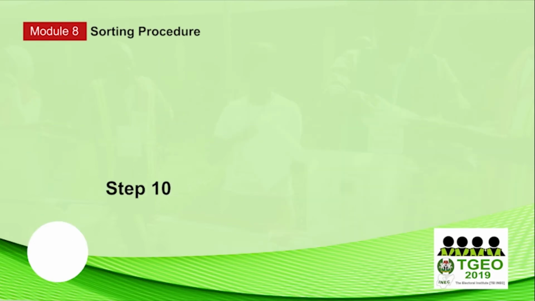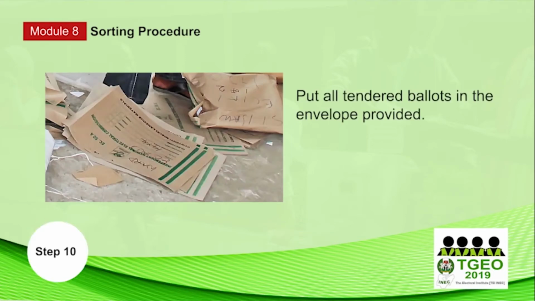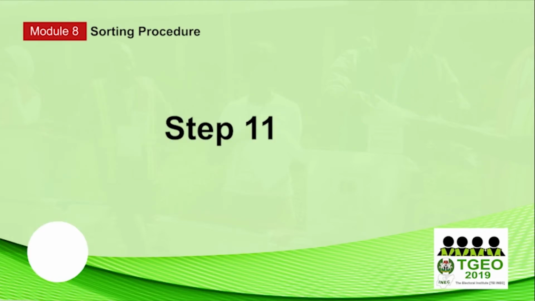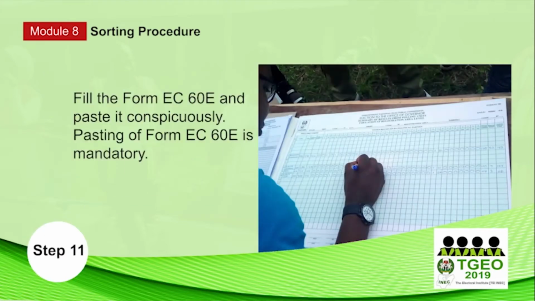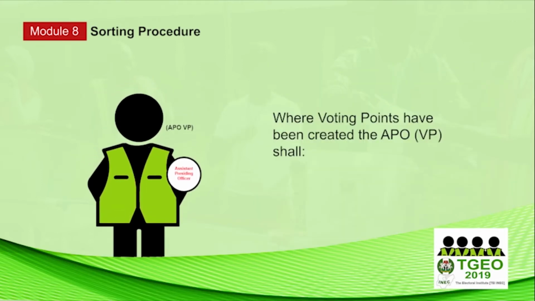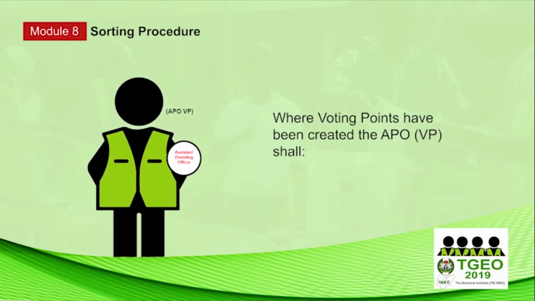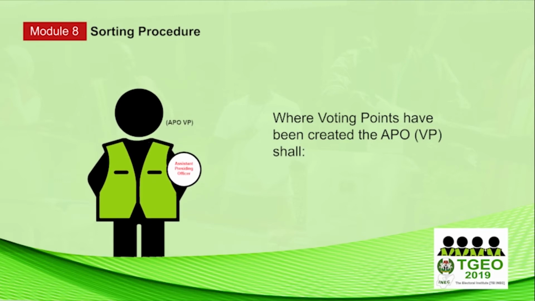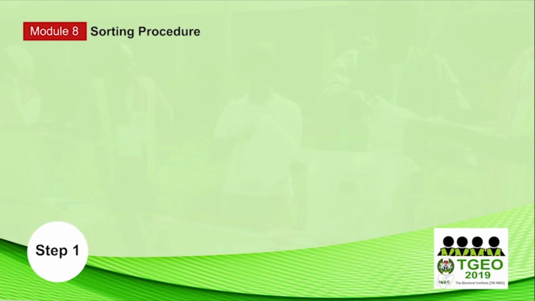Step 10. Put all tendered ballots in the envelope provided. Step 11. Fill the form EC60E and paste it conspicuously. Pasting a form EC60E is mandatory. Where voting points have been created, the APO VP shall: Step 1.